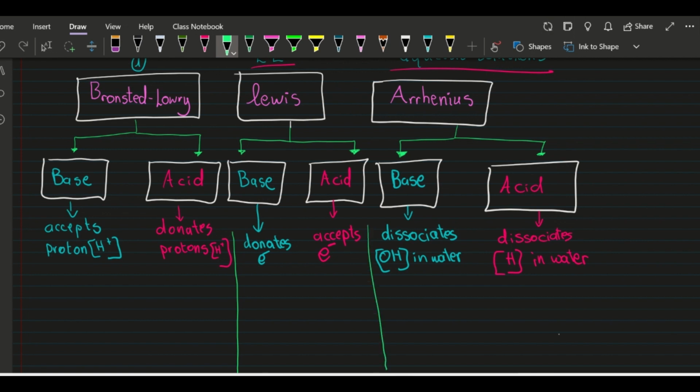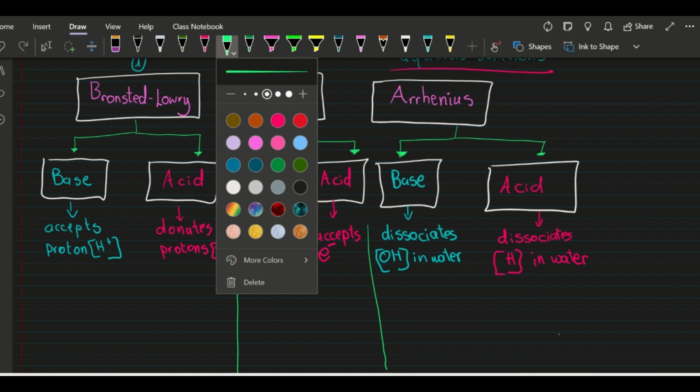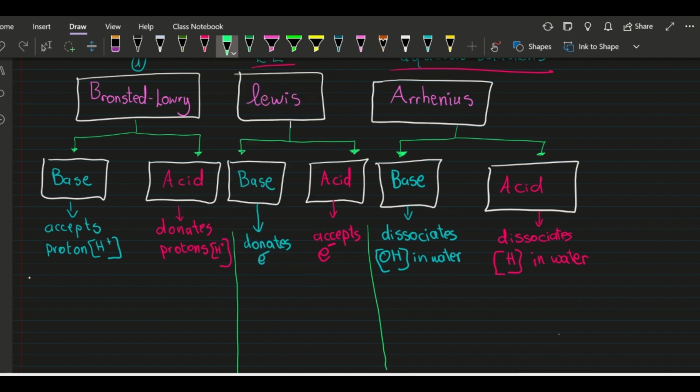Okay, so for the Bronsted Lowry acid and base, we're gonna do sulfuric acid plus water.